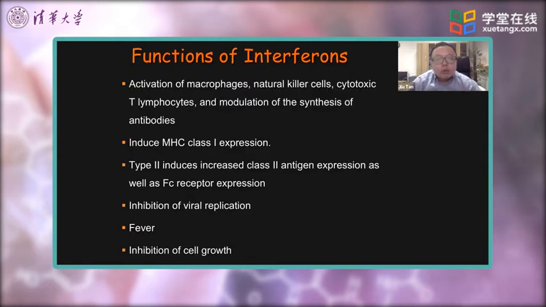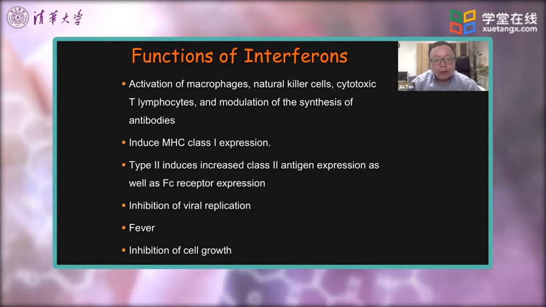So the well-known functions of interferons are listed here. Interferons are basically small proteins that can function as a signal between the cells. They can activate macrophages, natural killer cells, and other lymphocytes such as cytotoxic T lymphocytes. They can also modulate the synthesis of antibodies.